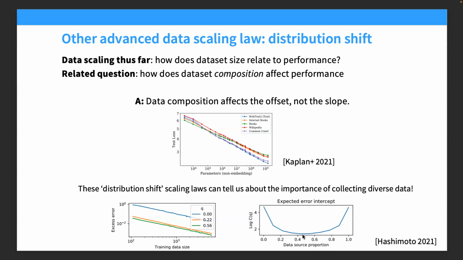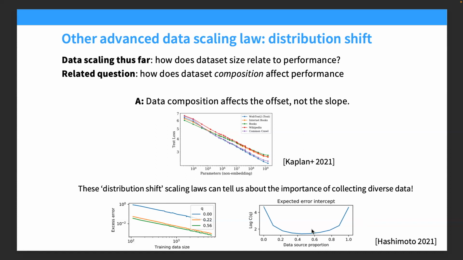Comparing to your data configuration, people find that it is actually around 0.5, which fits our intuition, right? Because we always want to collect as diverse a data set as possible to train the model so that we have the best test loss on that diversified data set.